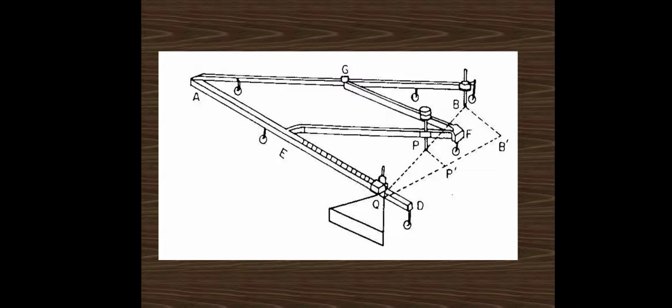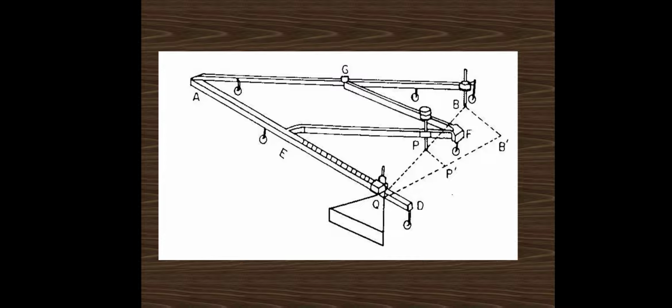Now this is the figure. You can watch the figure. The space between A, E, F, G is the equal-sided parallelogram that has been formed.